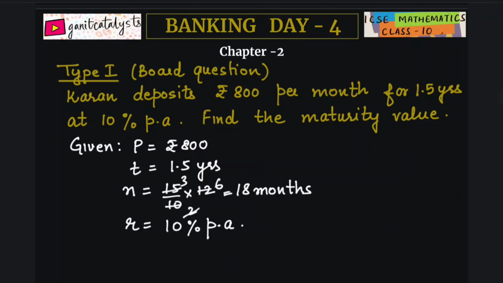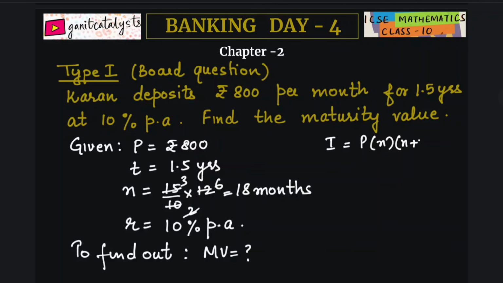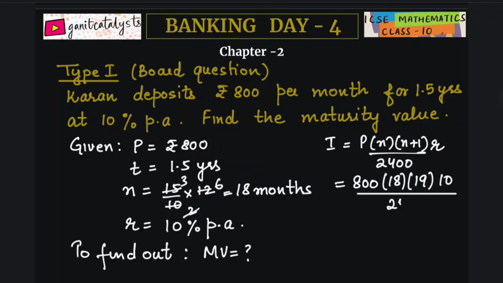Now what do we have to find out? We have to find out MV. So first we apply the first formula, that is interest is equal to P into N into N plus 1 into R by 2400. So just put the values: 800 into 18 into 18 plus 1, that is 19, into 10 upon 2400.